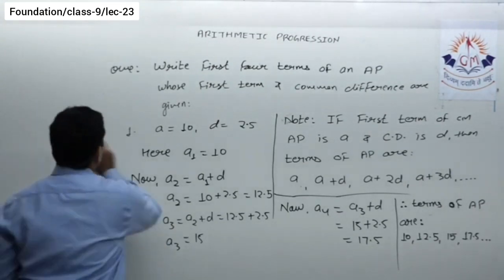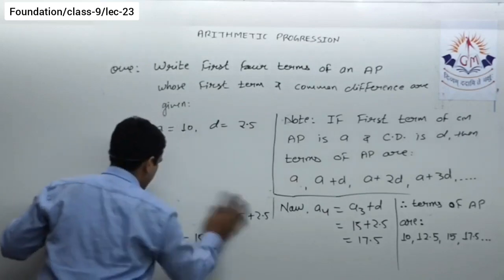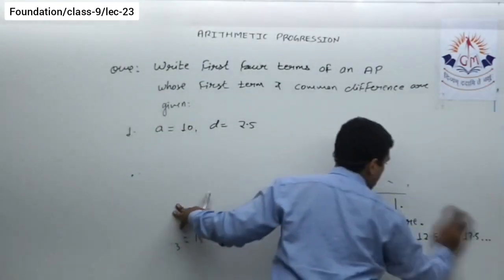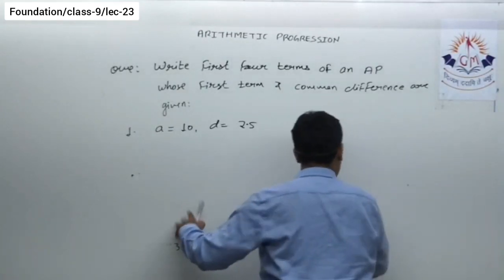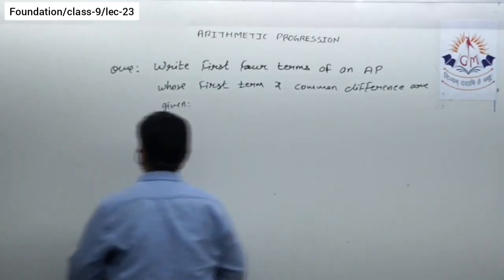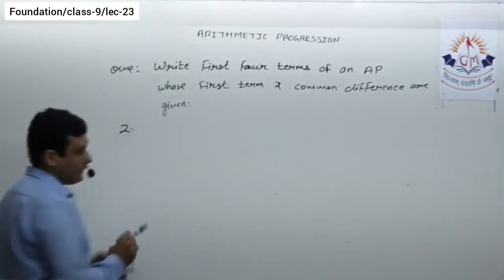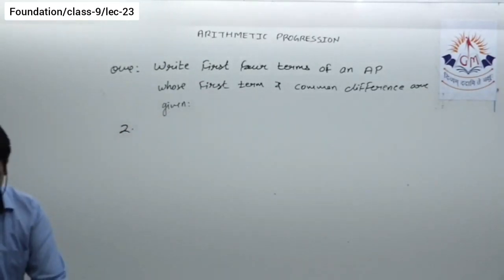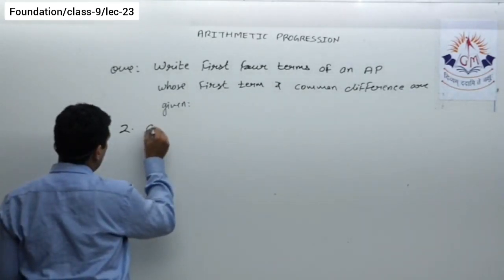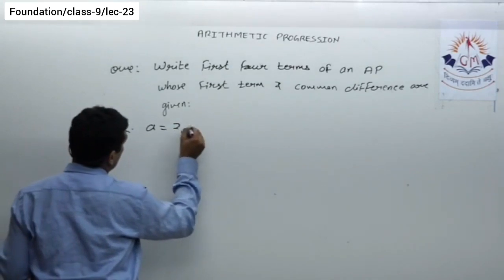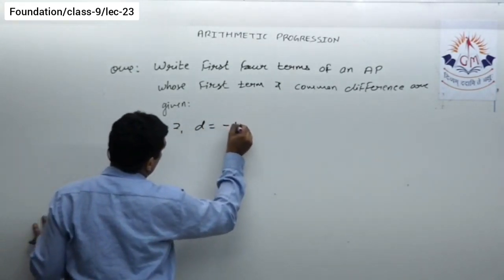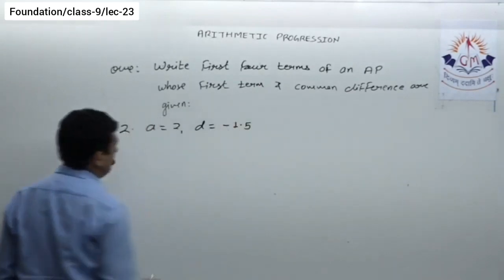Now let us see the next one. Second one: a is equal to 2 and d is equal to minus 1.5.